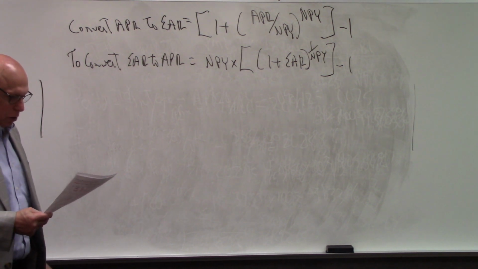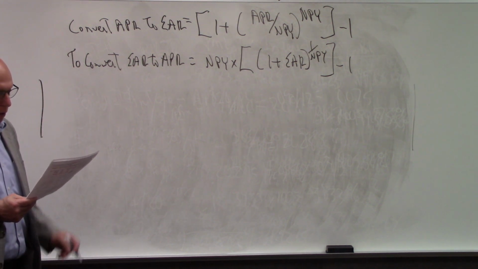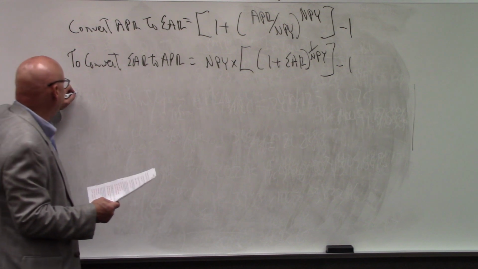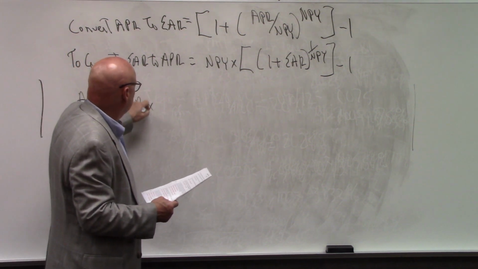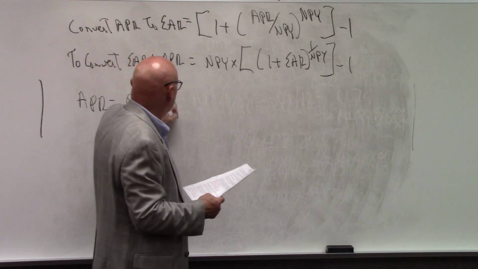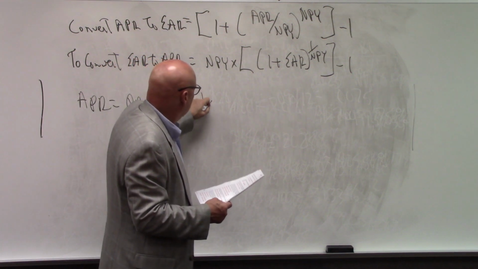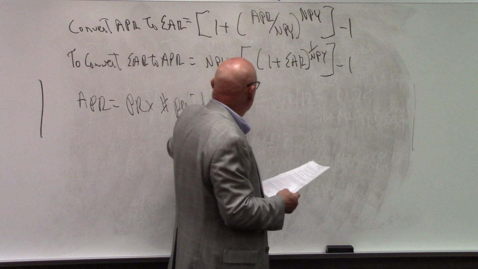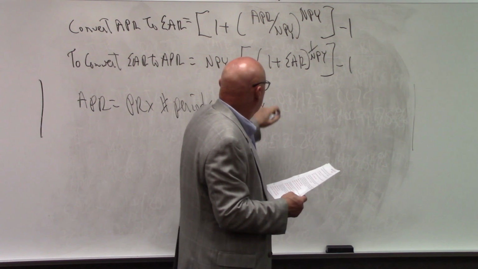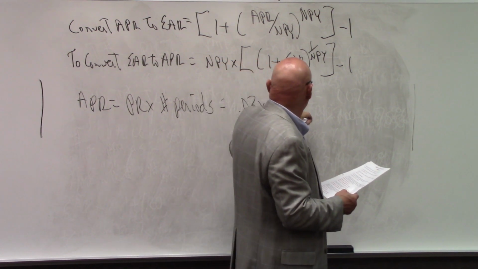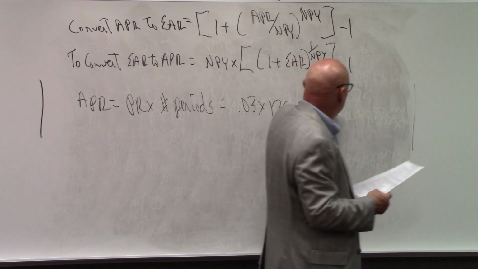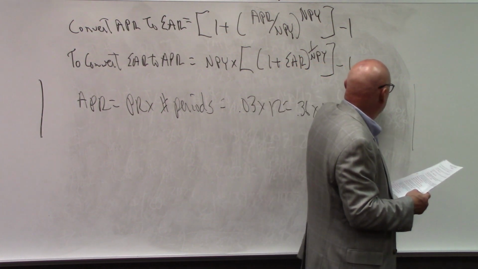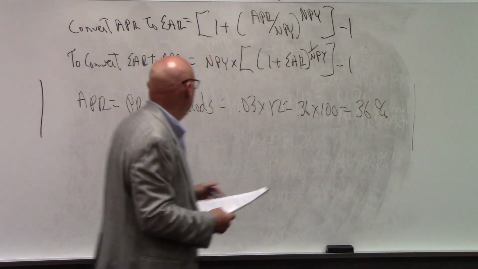You pay a monthly interest rate of 3% on your credit card. What is the APR? What is the EAR? So the APR is the period rate times the number of periods, which is 0.03 times 12, which is 0.36 times 100 equals 36%. There's your APR.